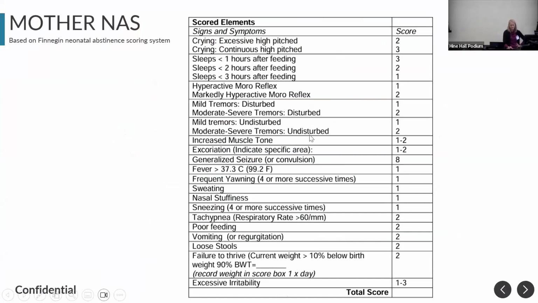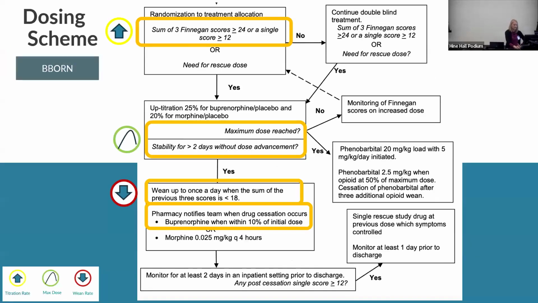Just to give you an idea of the things that they're looking at and their scoring: things like excess crying or length of sleep, autonomic nervous system items, muscle tone, fever, and failure to thrive, so body weight. There are 19 elements, and they score these infants every 4 hours. So there's quite a lot involved with these clinical trials. But just to give you an idea, we're aiming for scores less than or equal to 8 to be able to wean the infants off the drug.